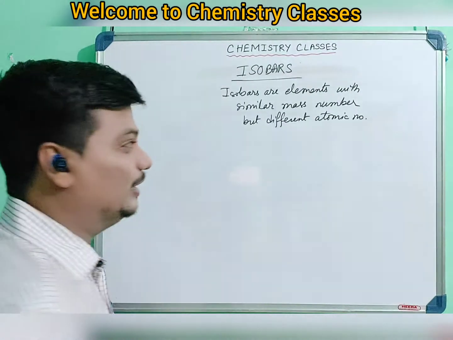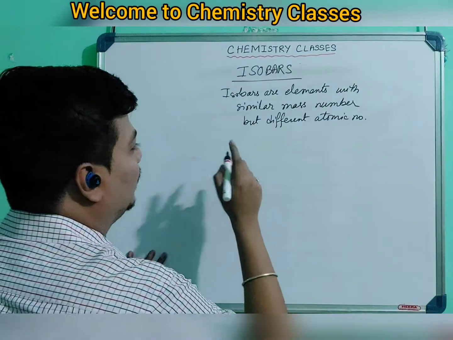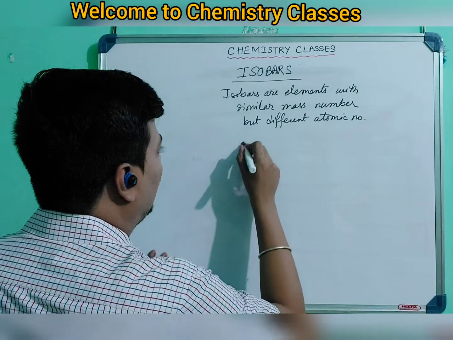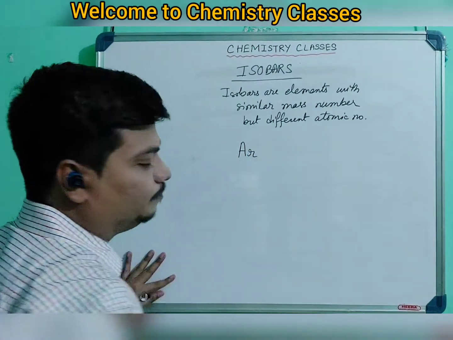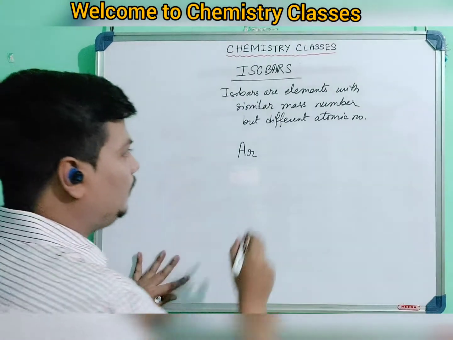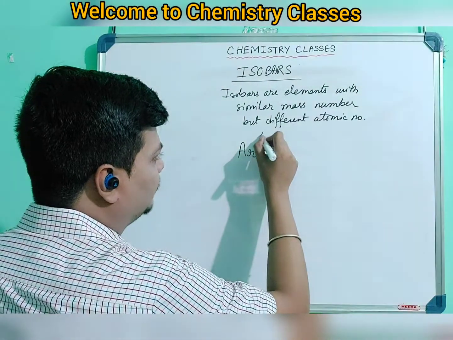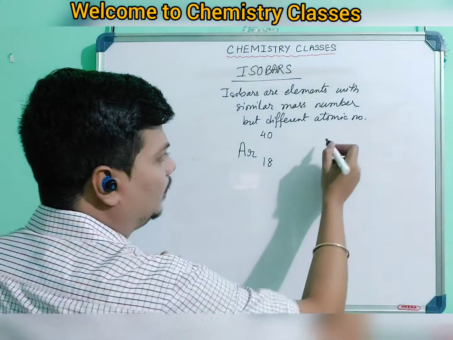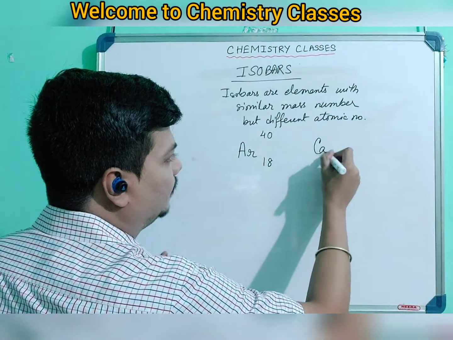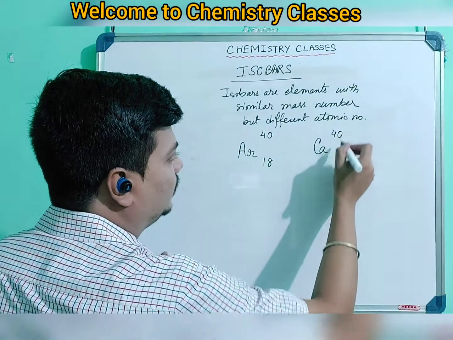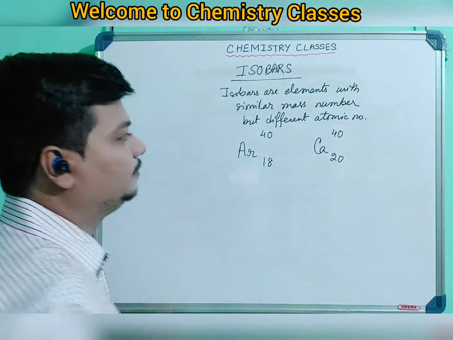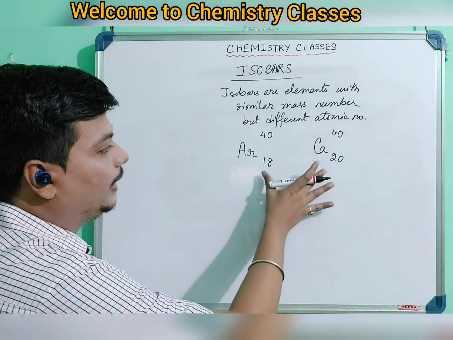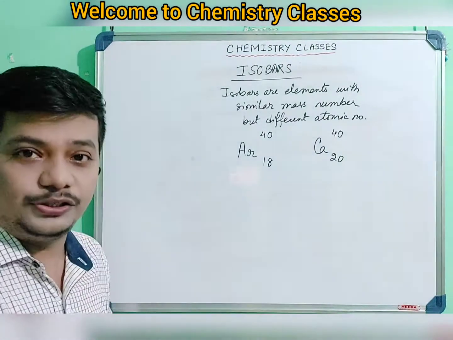This is also possible. For example, a pair of elements that I will tell you is argon. Argon has mass number 40, atomic number 18, and calcium has mass number 40, atomic number 20. So it is a pair of elements which are known as isobars.